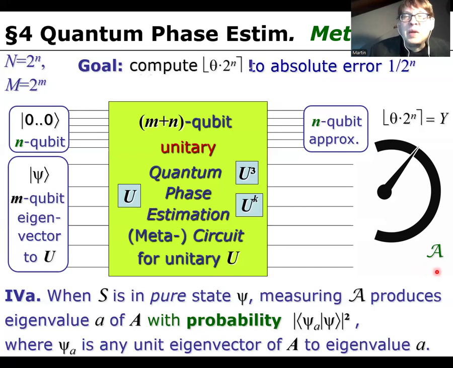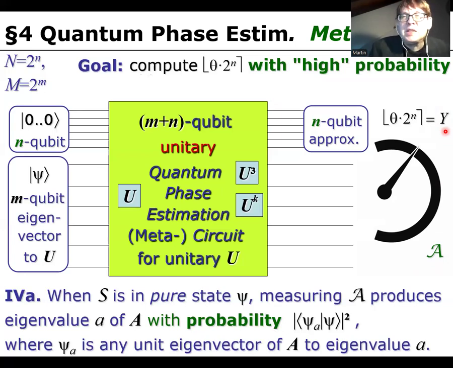And so we cannot expect that the result of the measurement will be the number y for sure, but the number y can only be expected to occur with some probability. So we need to tune down our expectations a little bit and hope for the quantum circuit after the measurement to produce this approximation at least with high probability.